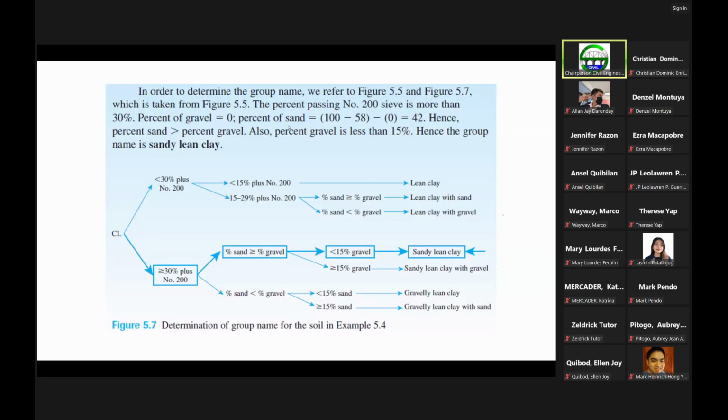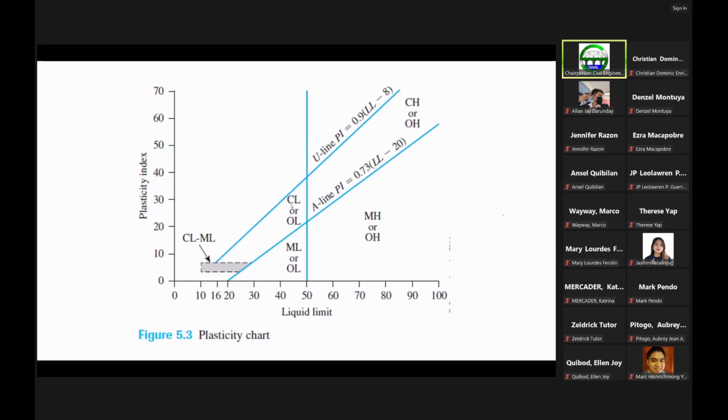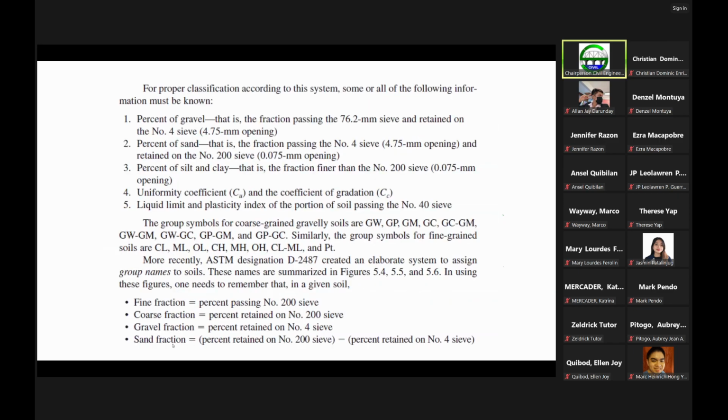Now, for the percent of sand, let's again recall the definition of sand. The percent of sand, that's your sand fraction, is the percent retained on the number 200 sieve.